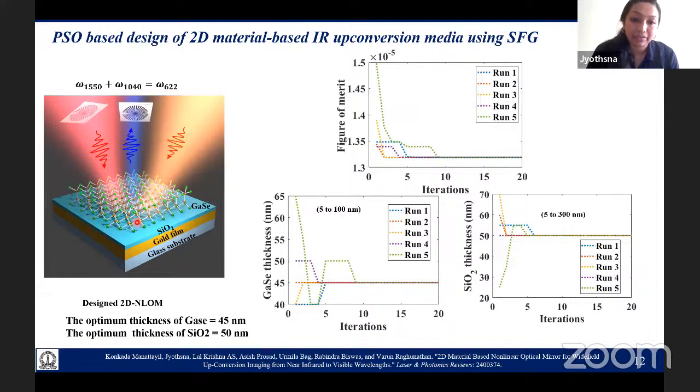We have the GaSe flake of 45 nanometer thickness, exfoliated onto the SiO2 film of 50 nanometer, below which we have the gold film. And this is the result of the PSO optimization algorithm, where you can see over iterations the figure of merit decreases, which gives the maximum SFG signal. And this is the corresponding thickness of the GaSe and SiO2 at various iterations.